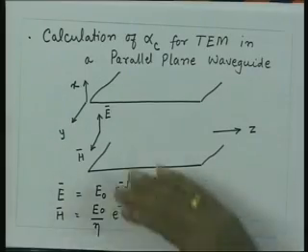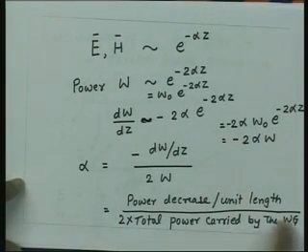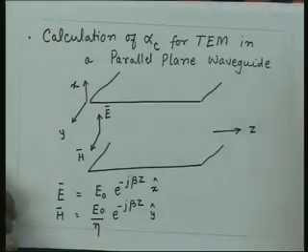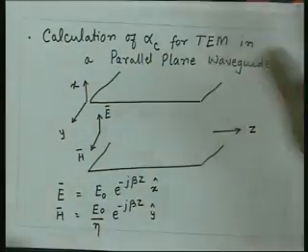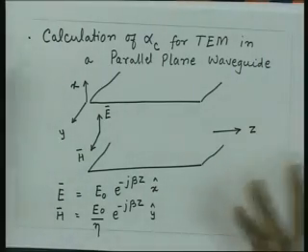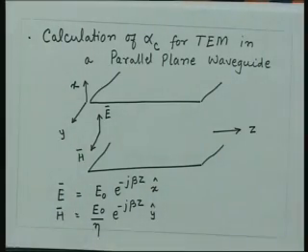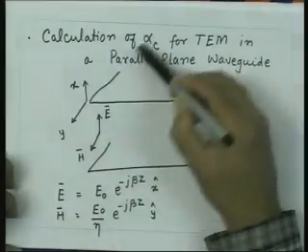Now, since the waveguide is infinite in the y direction, if we go by this relation and find out what is the total power carried by the waveguide, then this power will be infinite, because we have the cross section of this waveguide. If I consider the total waveguide in y direction, the total power carried will be infinite, the total loss will be infinite, we will not get any meaningful answer. So, normally what we do, we can define the attenuation constant per unit width of this waveguide.